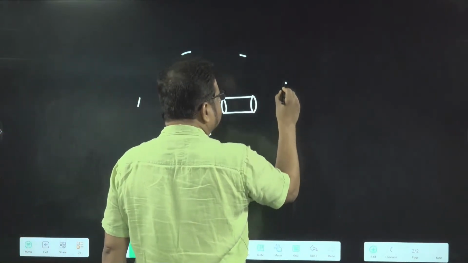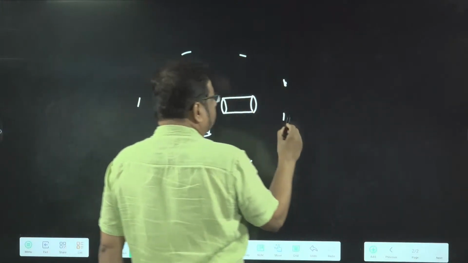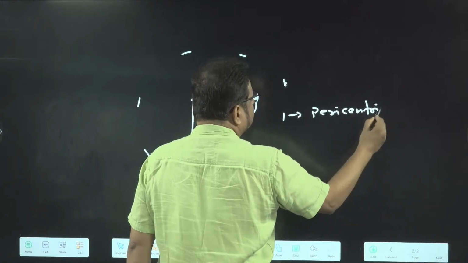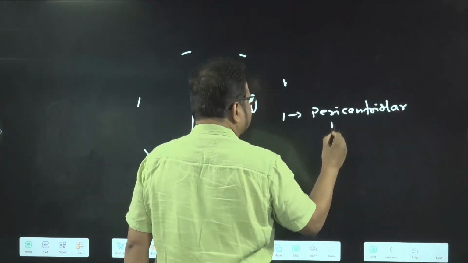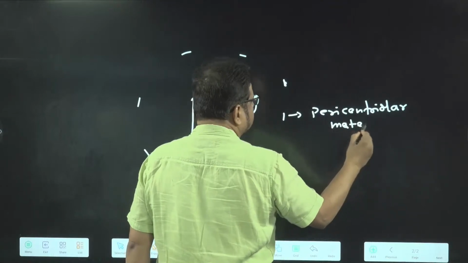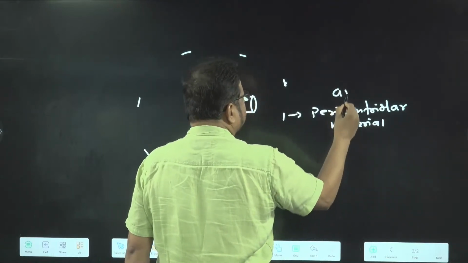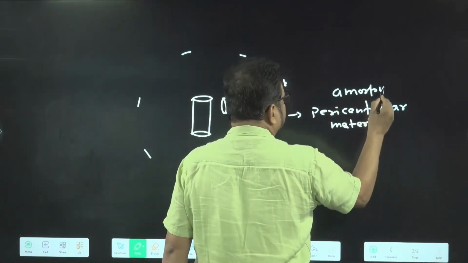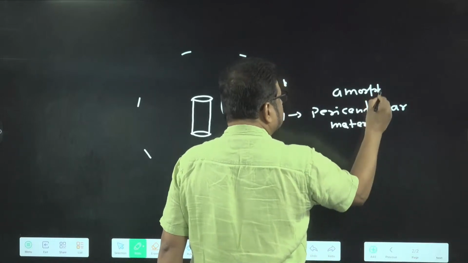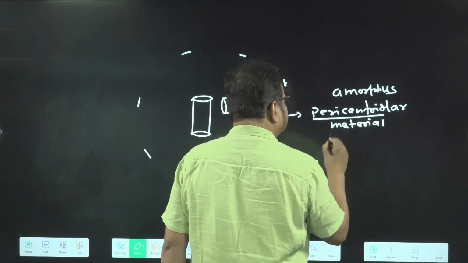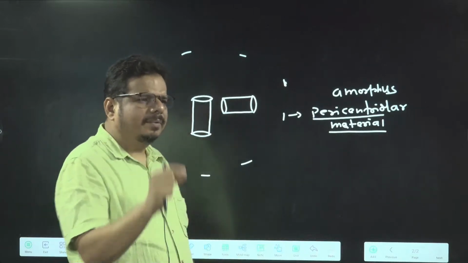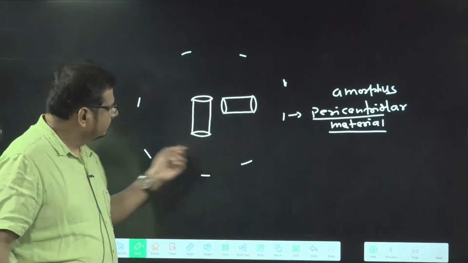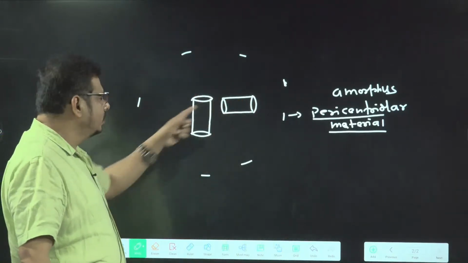Who is surrounding the centriole? It is pericentriolar material, and it is amorphous. Amorphous means a thick granular layer present around both centrioles, and both centrioles are perpendicular.